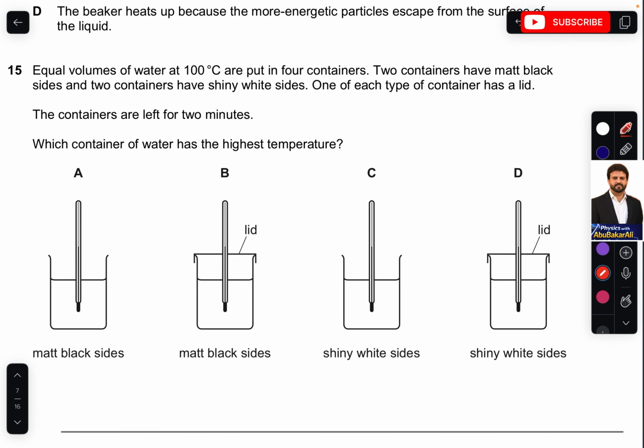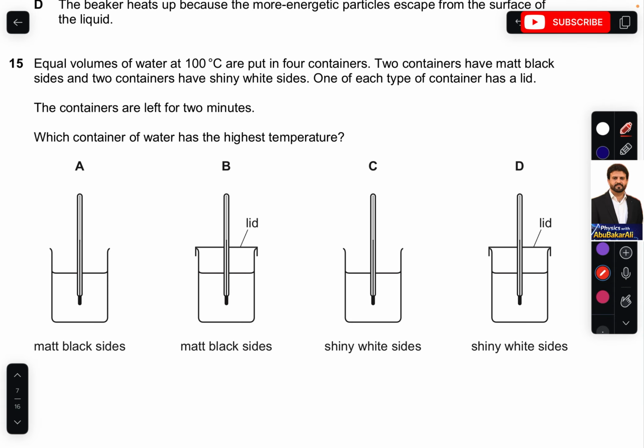Question 15. Equal volumes of water at 100 degrees Celsius are put in 4 containers. 2 containers have matte black sides and 2 containers have shiny white sides. One of each type of container has a lid. The containers are left for 2 minutes. Which container of water has the highest temperature?